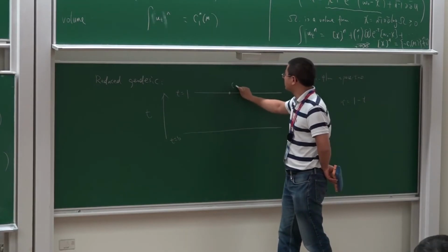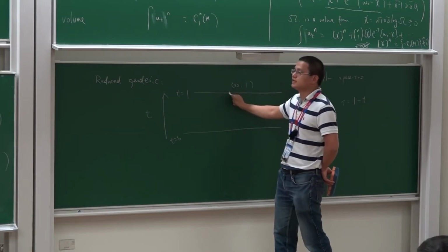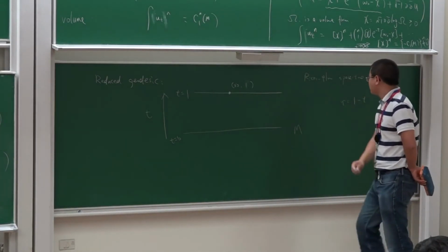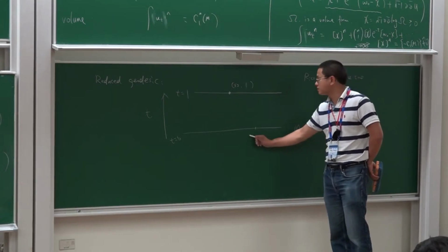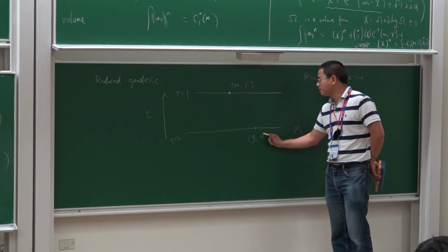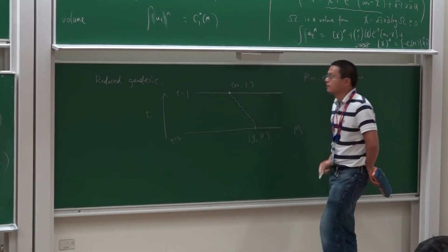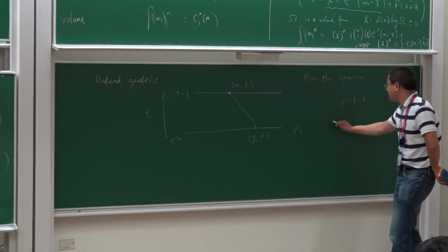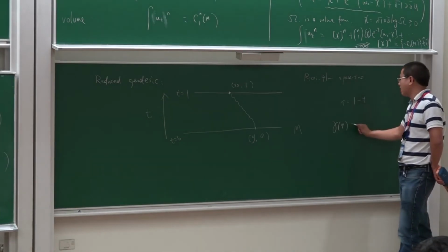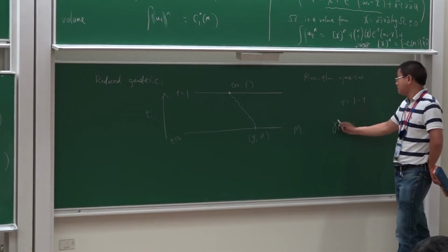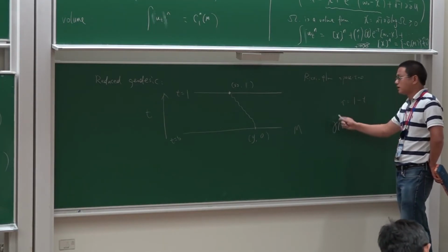So I choose a point x0, 1 here. This is a base point in the space-time. Then I choose another point at the time t equals 0, the point y0. Okay, so we consider a space-time curve, which I denote by gamma. So gamma is parameterized by tau.